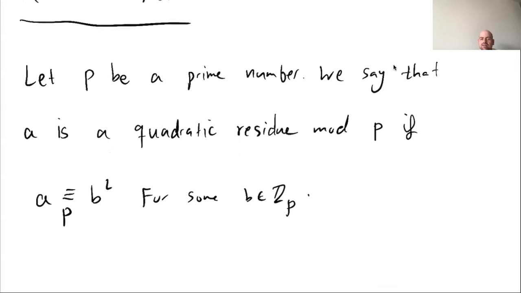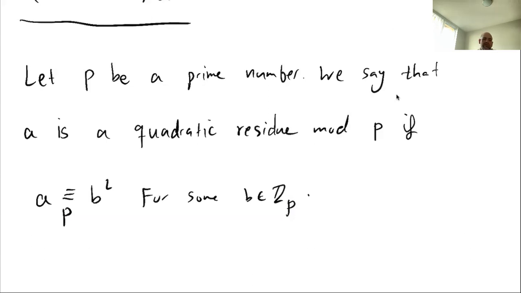So remember, when we work with Zp, our universe is Zp, meaning that every calculation is done mod p. So we won't have any equality anymore. Any equality here means congruence mod p.